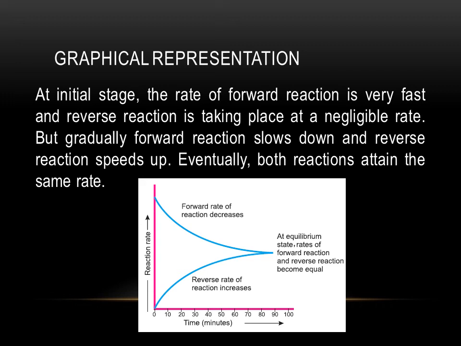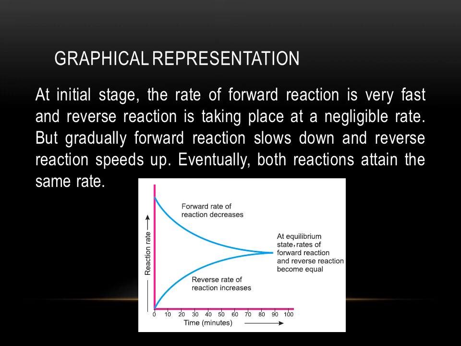Now here is the graphical representation of dynamic equilibrium, where we take time on the x-axis and reaction rate on the y-axis. In the start, the reactants are present in higher amount, so the reaction will move in the forward direction.